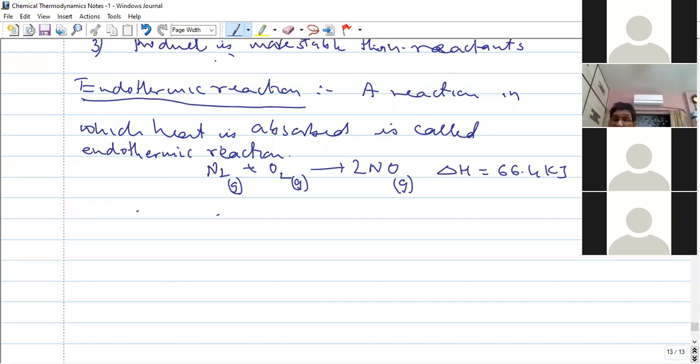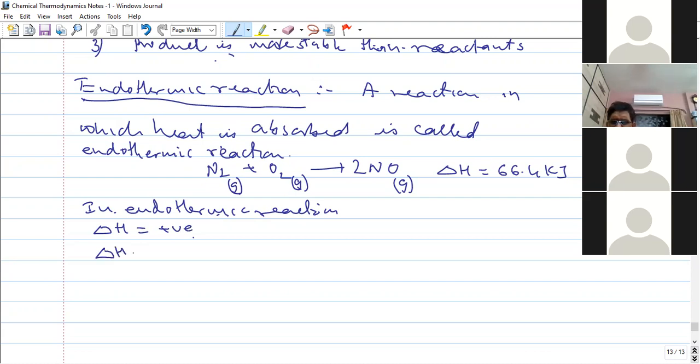It is endothermic. Delta H is positive. So in endothermic reaction, delta H is positive.